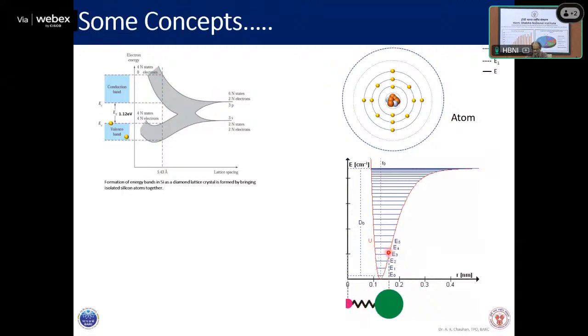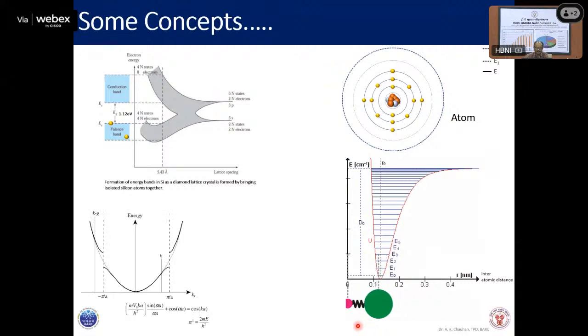Suppose I say this is 1 centimeter, for example only, it is never 1 centimeter. But suppose it is 1 centimeter and 2 centimeter. So either it will have a vibrational amplitude of 1 centimeter or 2 centimeter. It will never have 1.5 in this particular case. So this is just the earlier slide.